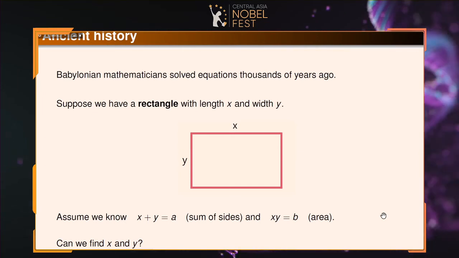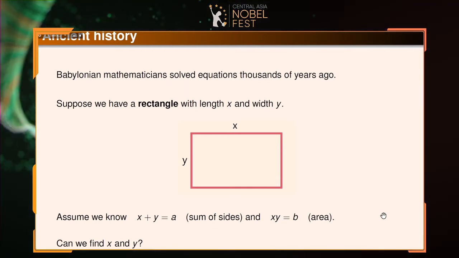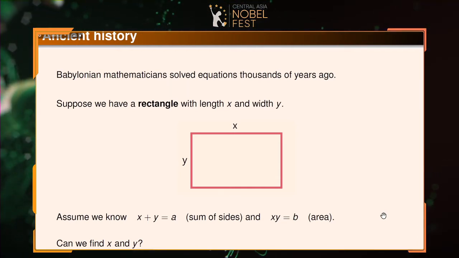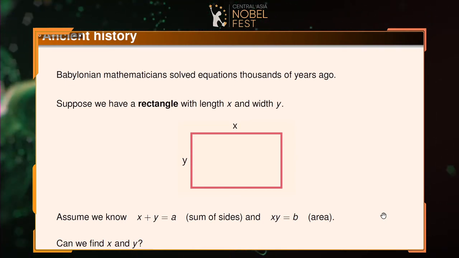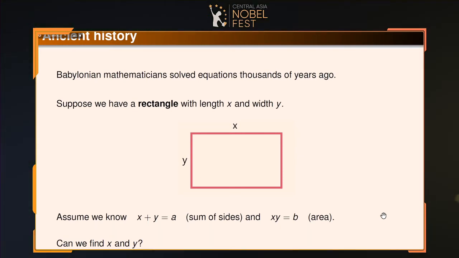For example, let's look at this practical reason here, where we consider a rectangle where one side is x, the length of the other side is y. Now, it may happen that you know the sum of these two sides, x plus y, let's say this is a, and you also know the area of the rectangle. So that means that you know x times y.